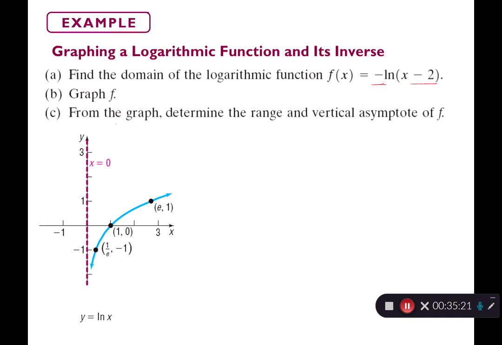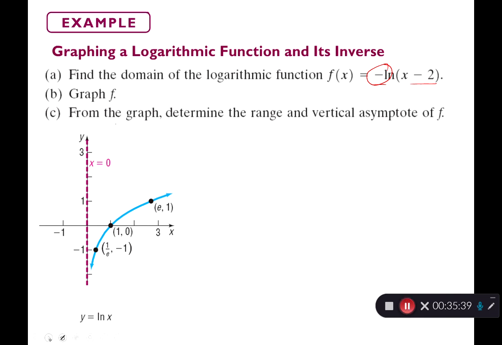Would flip it over the x-axis. So I would start by flipping it over the x-axis and then moving it 2 units to the right. Why don't you pause the video for just a minute? Why don't you do your graph and answer the other questions?